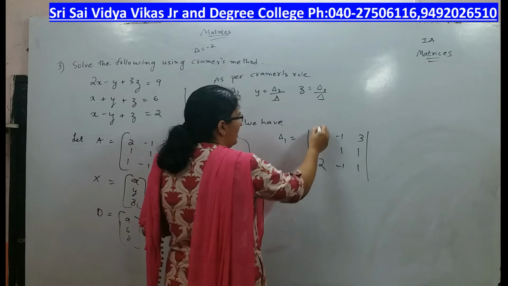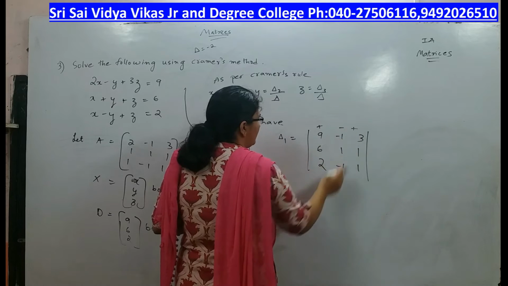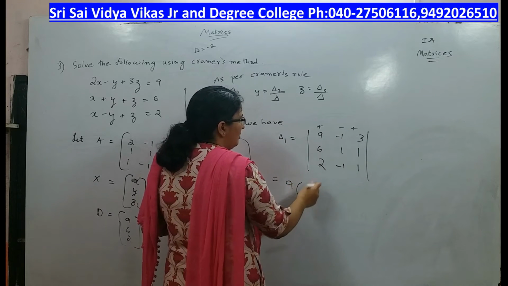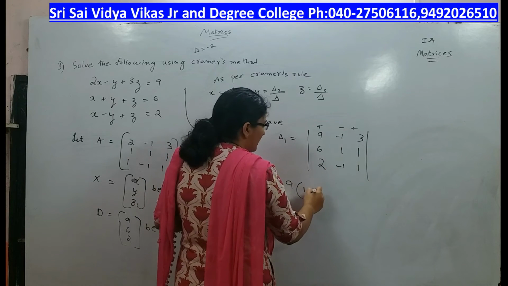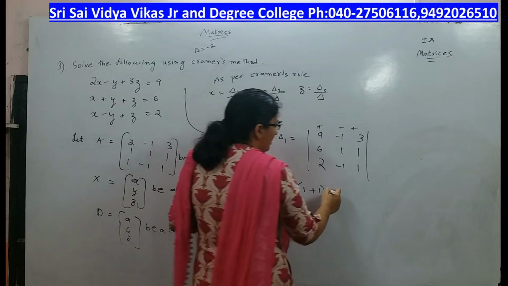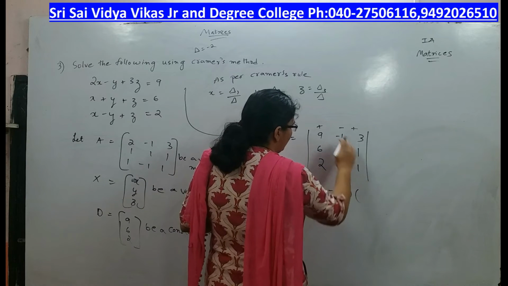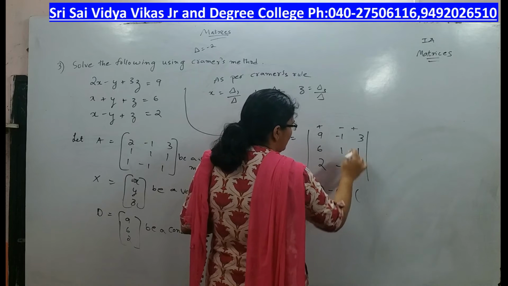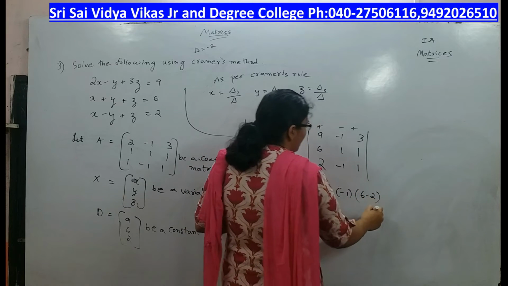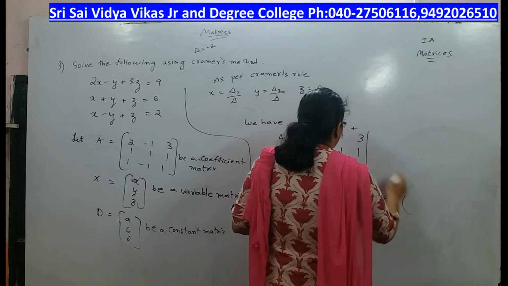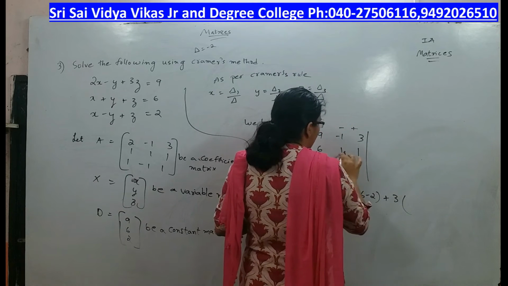So we shall write plus minus plus: 9 into 1 plus 1, minus of minus 1 into 6 minus 2, plus 3 into minus 6 minus 2.